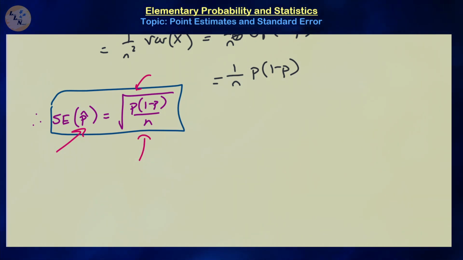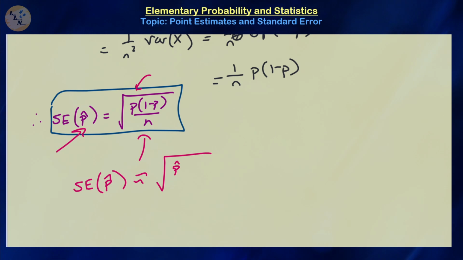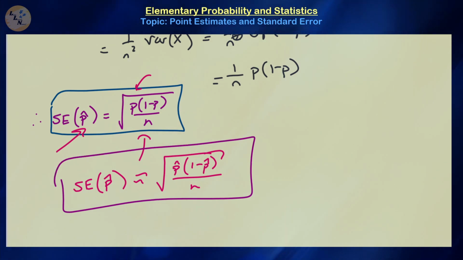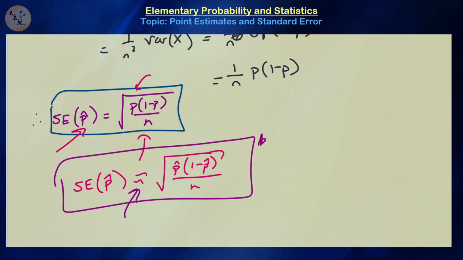Take a guess. So remember, p hat is an approximation for p. Therefore, an approximation for the standard error for p hat is going to be approximately equal to the square root of p hat times 1 minus p hat all over little n. So this is the standard error, at least the starting point of a standard error, because this approximation is not exactly equal. There are some alternatives for the standard error formula, which we will discuss later.